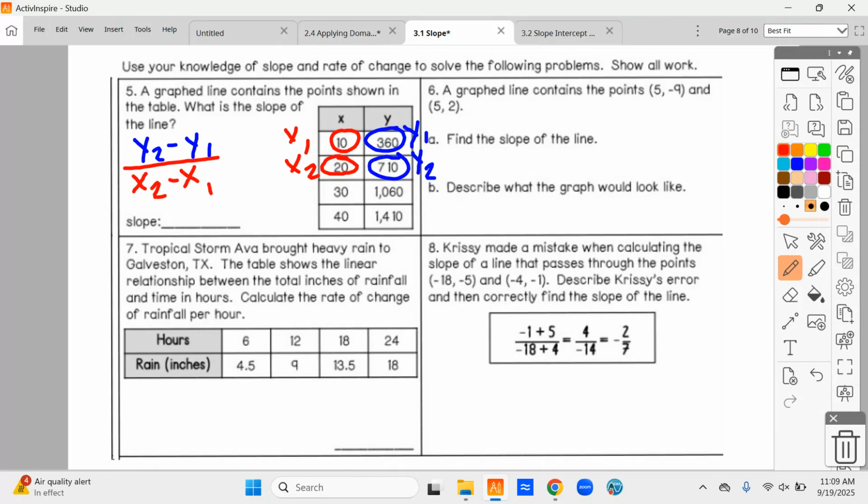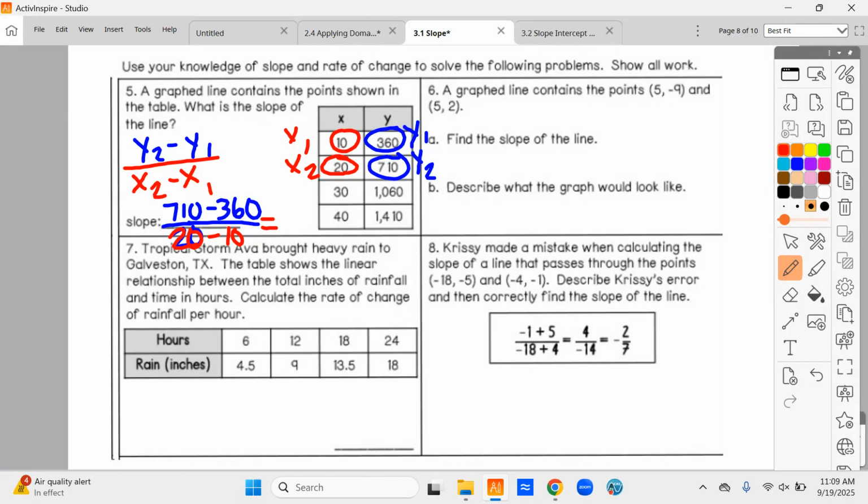Okay, so we have 710 minus 360 over 20, I meant to switch that to red, 20 minus 10.